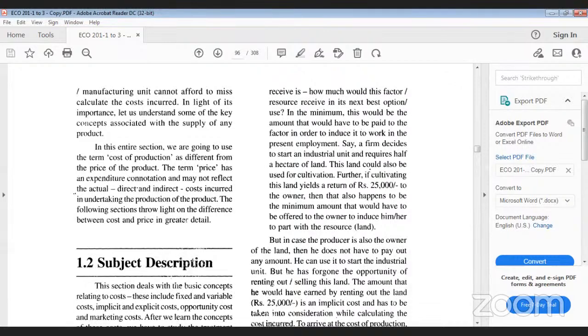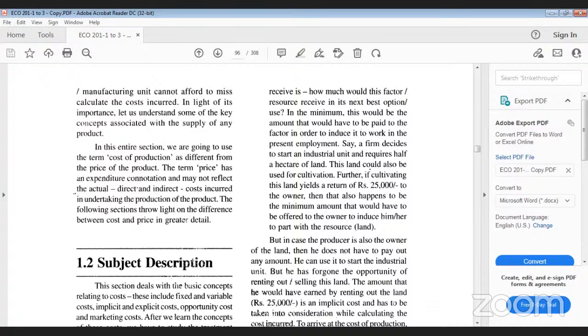How much would these factor resources receive in their next best option used? It is the minimum amount that would have to be paid to the factor in order to induce it to work in the present employment.